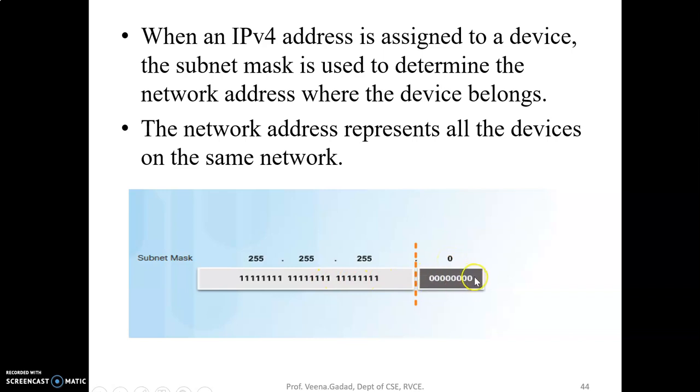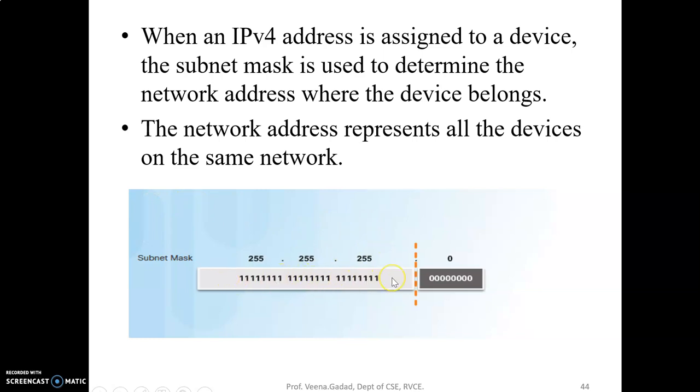Now whenever we write these IP addresses along with the subnet mask, there is a shortcut method of writing this. We write it in a prefix format, that is slash notation, counting the number of ones.